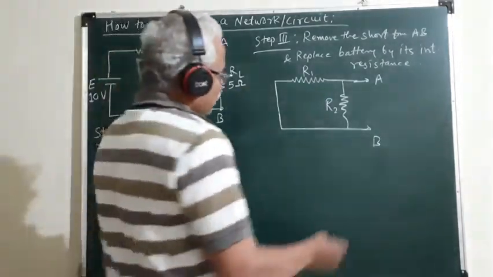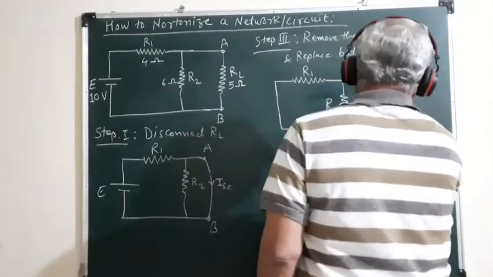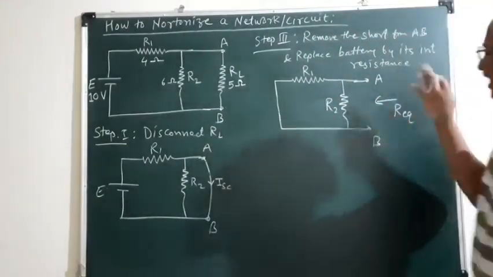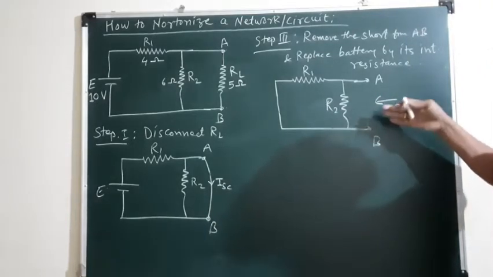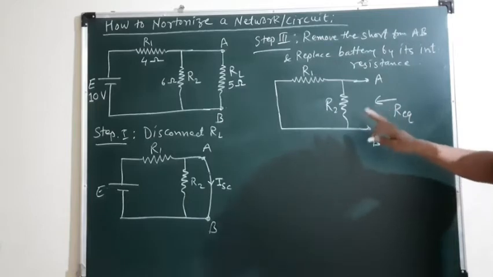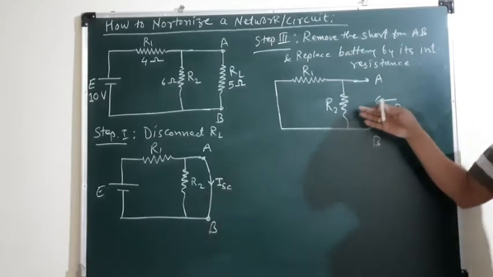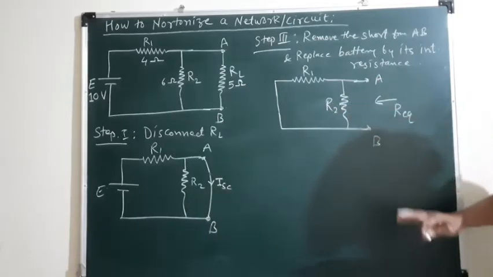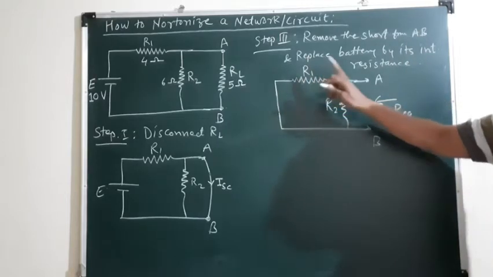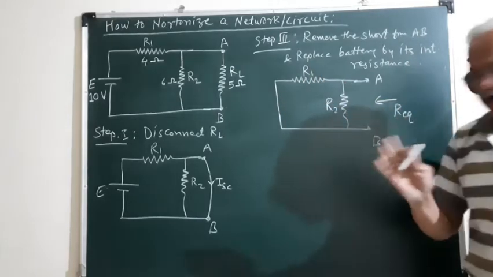Now, the value of R equivalent is nothing but the resistance of this network when viewed backwards from the open terminals A and B. When we view it this way, the resistors R1 and R2 appear to be in parallel.